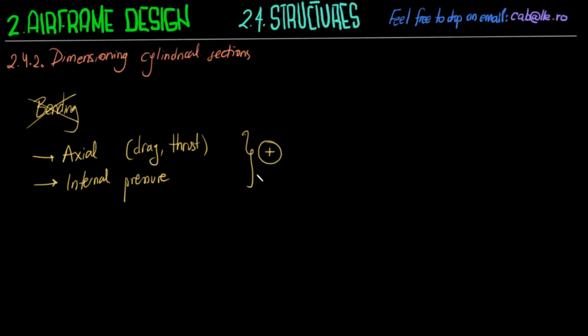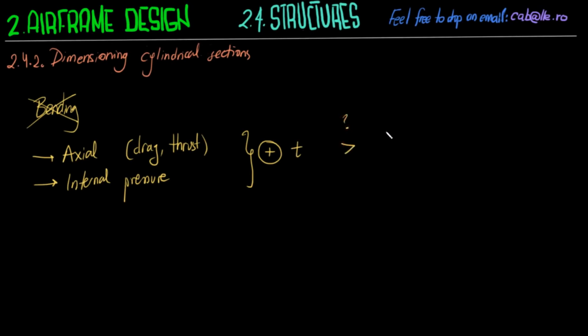Okay, the thickness required to withstand the axial forces and the thickness required to withstand the internal pressure, we're going to add them up, and then we're going to compare this thickness that we've just calculated.